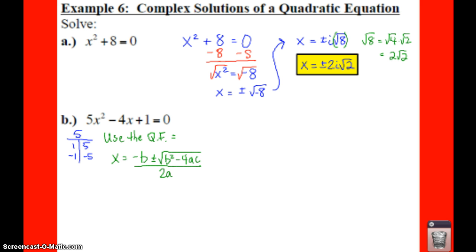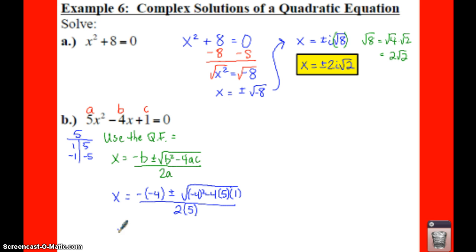So let's plug in our values. If you look here, a is 5, b is negative 4, c is 1. So we're going to say x equals negative negative 4 plus or minus the square root of negative 4 squared minus 4 times 5 times 1, all over 2 times 5.